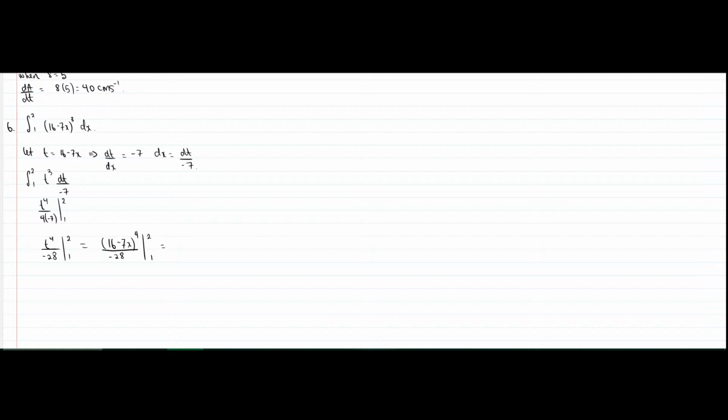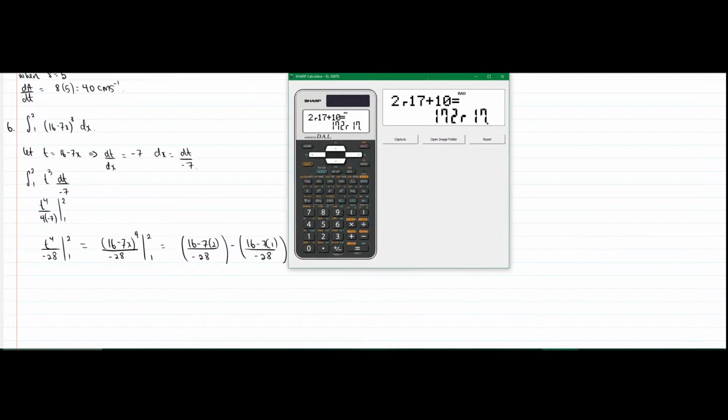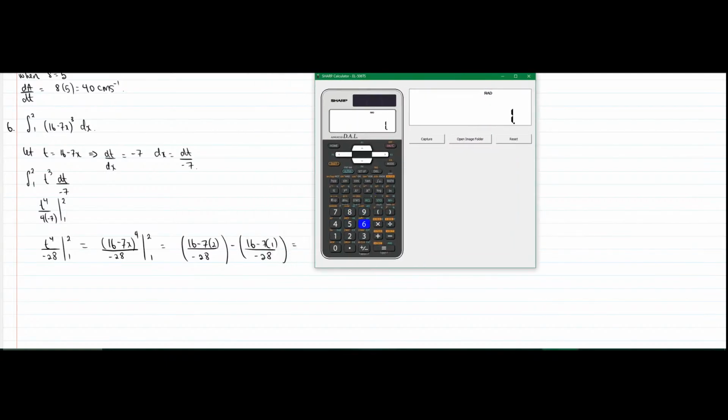Substitute the limit 2: 16 minus 7 into 2 over minus 28. Take away 16 minus 7 into 1 over minus 28. Check and see what we get. 16 take away 14 divided by minus 28.